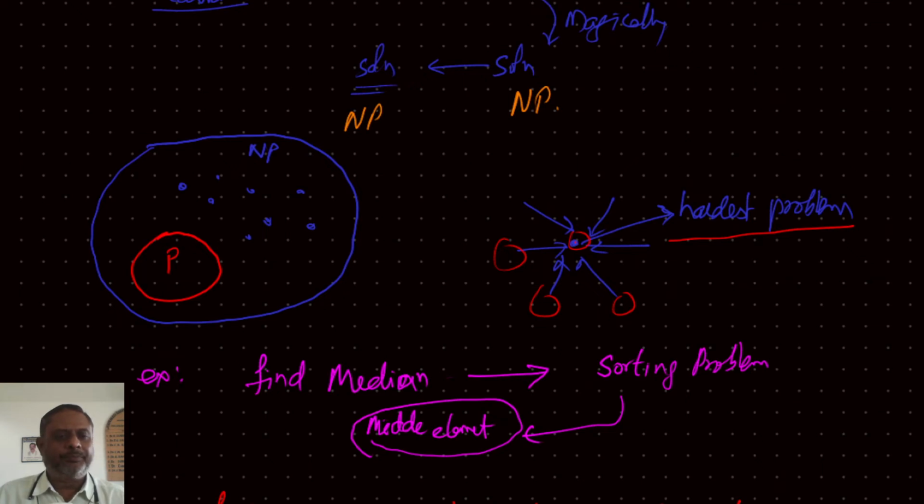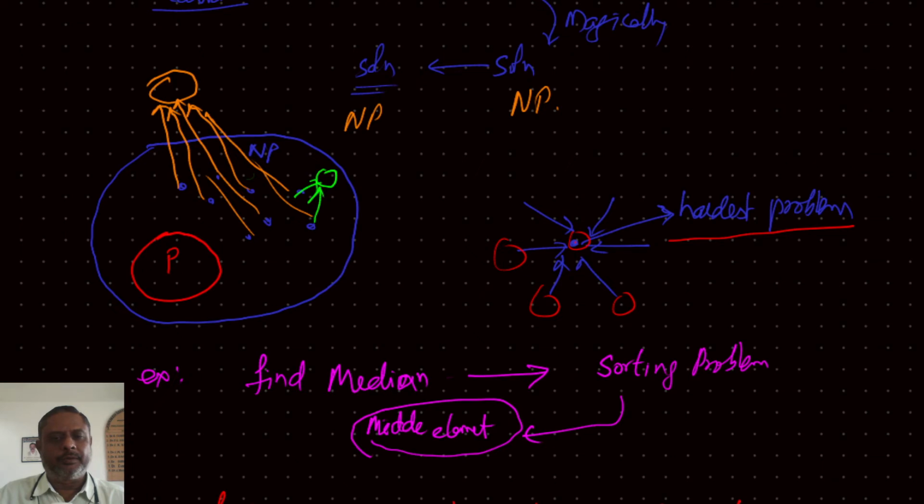One option is that all the problems are reduced to a single problem here, and there is another option that all are reduced to a single problem here.